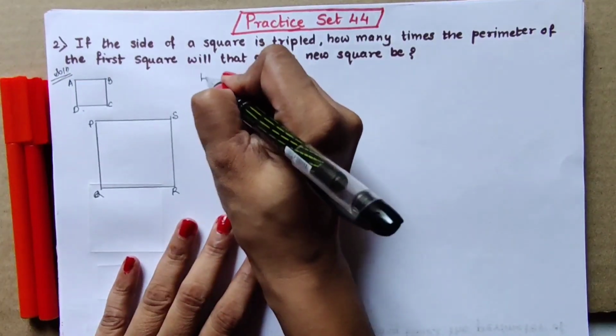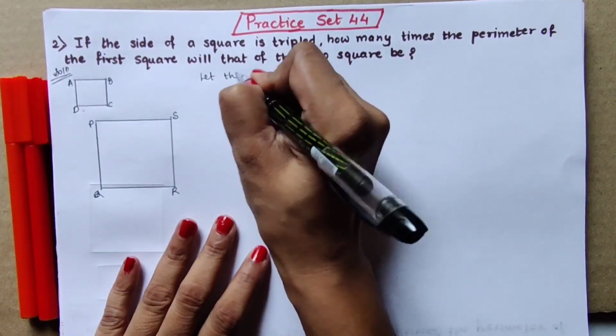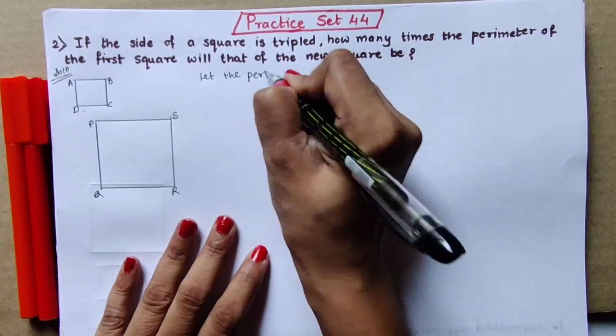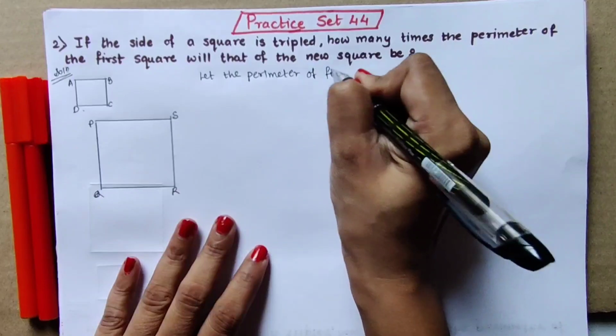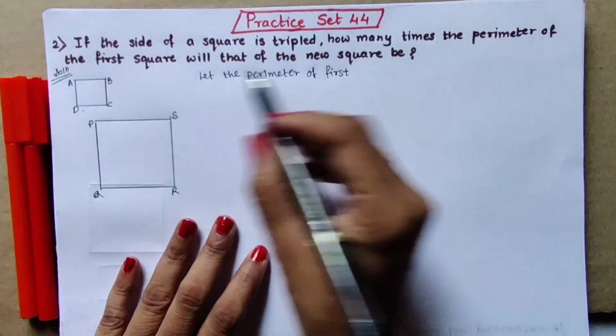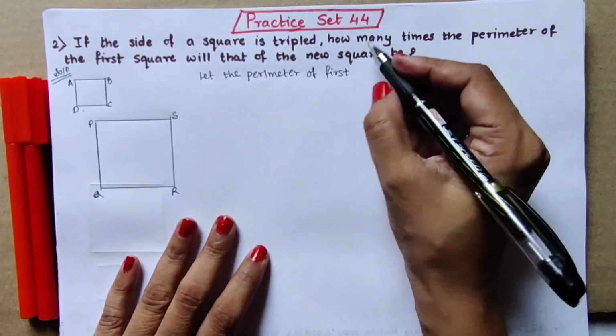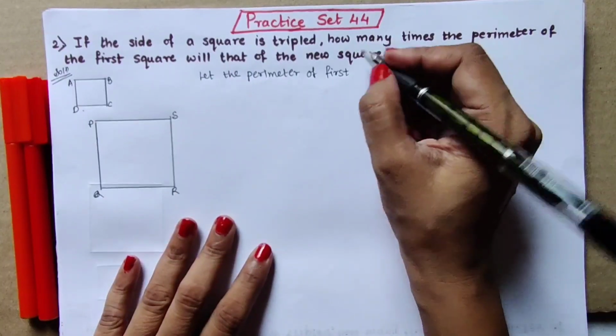So we write, let the perimeter of the first square, as here it is first and new square is given, so we will be using the same words.